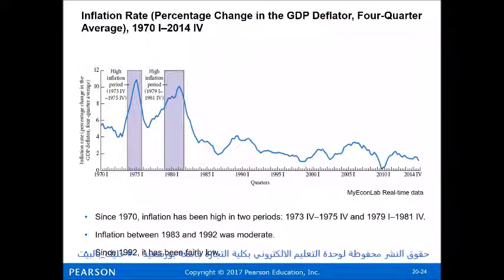Those are 1973 fourth quarter through 1975 fourth quarter and 1979 first quarter through 1981 fourth quarter. Inflation between 1983 and 1992 was moderate. Since 1992, it has been fairly low.